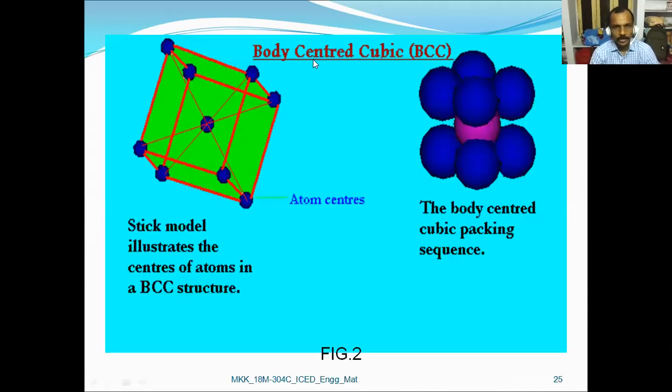So this is the body centered cubic structure. Here the cubic packing sequence, the centered atom connected to the top and bottom. This is a body centered cubic structure.